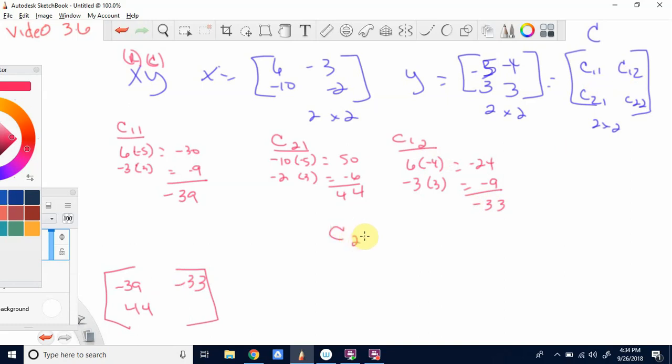It's C22. I'm going to take row 2 times column 2, -4, 3, we get 40, and we get -6, so we get 34. Here, this is going to be the product of x, y.